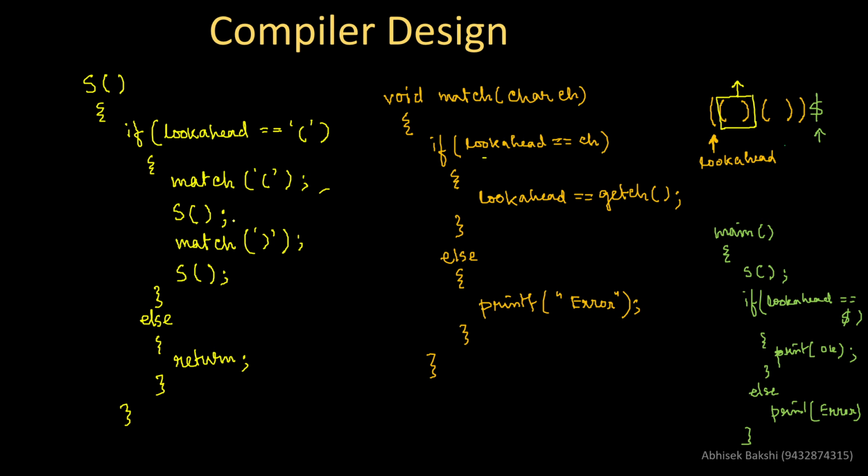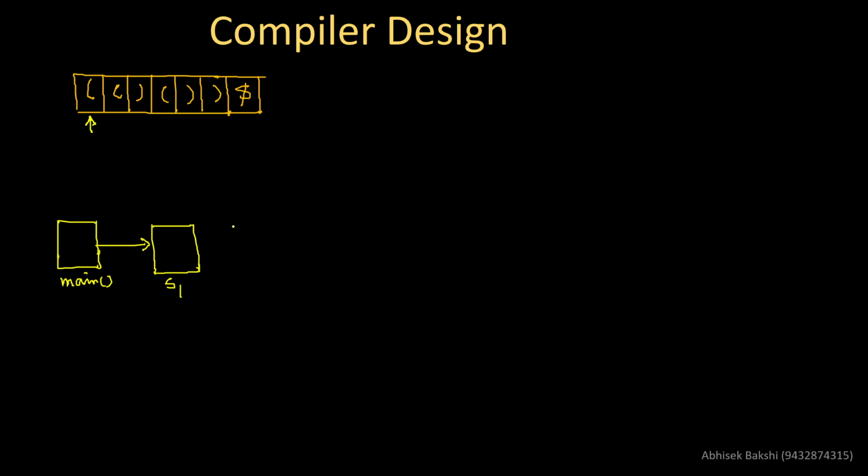And from here another S function will get called, right? So your lookahead will be shifted towards right, and from this clone number 1, another clone number 2 will get called, right? Clone number 2 will get called.